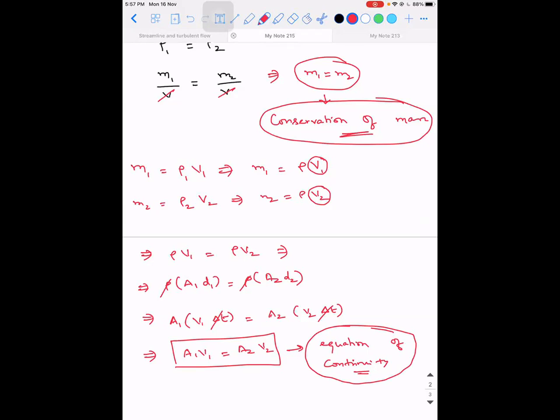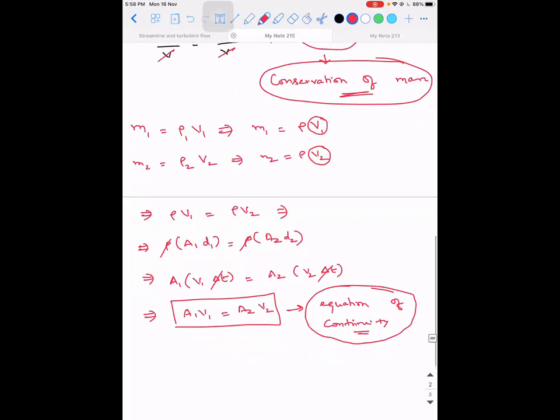If you see in a question, suppose they say ideal fluid is flowing through a pipe of varying cross section, by default, even without thinking, you can apply the equation of continuity. Okay. Yes. So A1 into V1 is equal to A2 into V2.